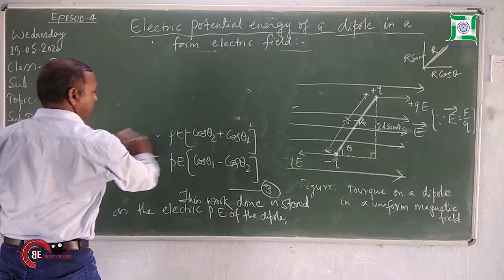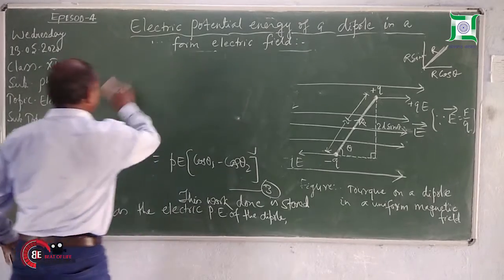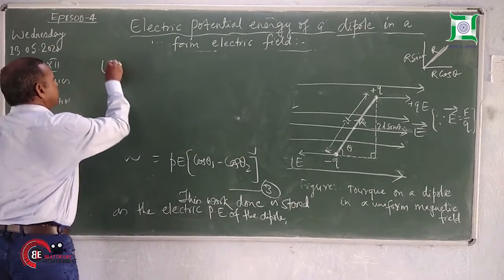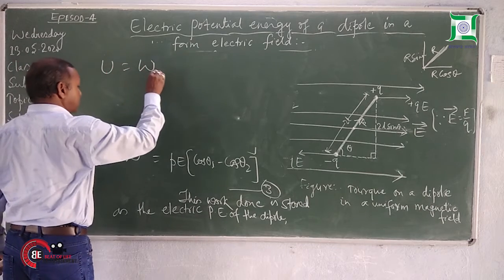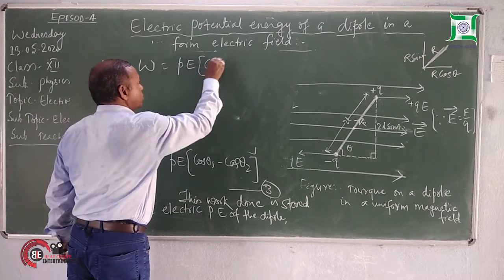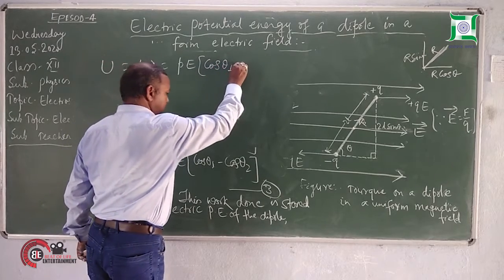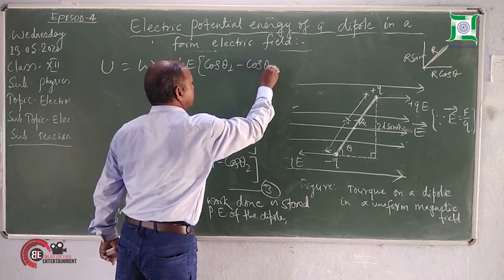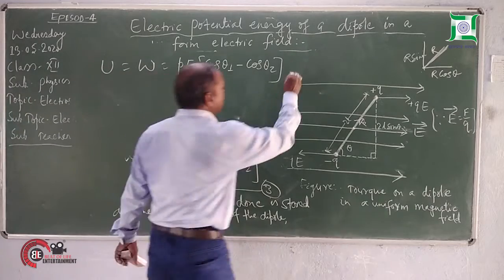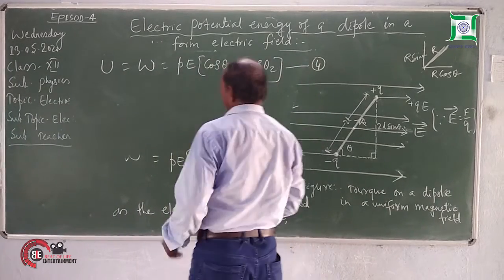So we can write electric potential energy is equal to work done is equal to PE cos theta 1 minus cos theta 2. We can write this as equation 4.